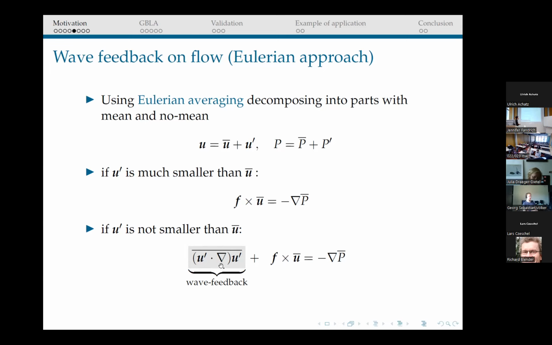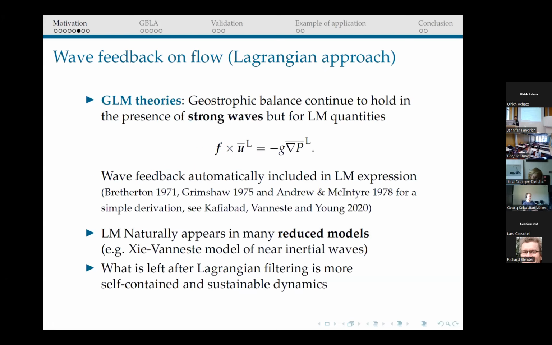In different contexts, people have given this different names: you can see it as a derivative of Reynolds stress, or meteorologists like to see it as gravity wave momentum flux. They're all the same, but somehow people want to include it to have a better representation of waves on the flow.